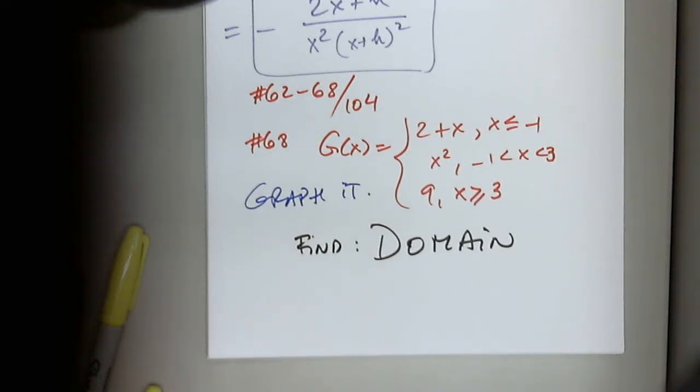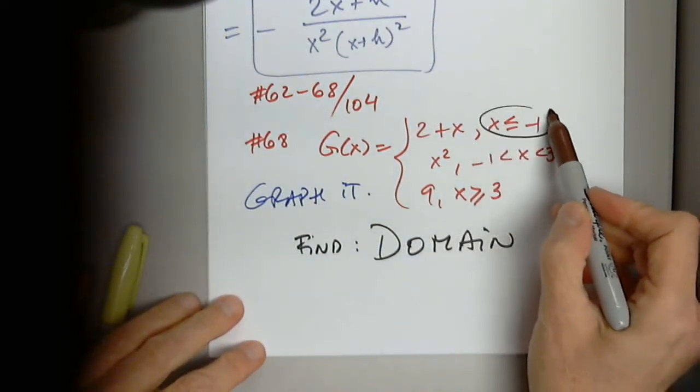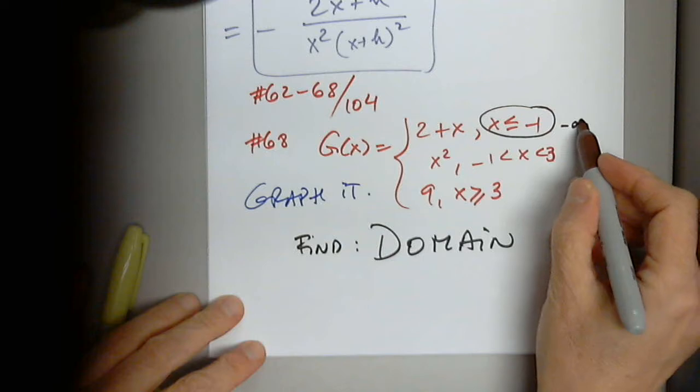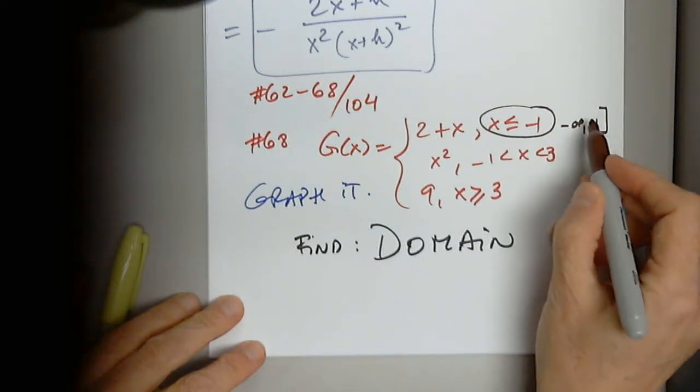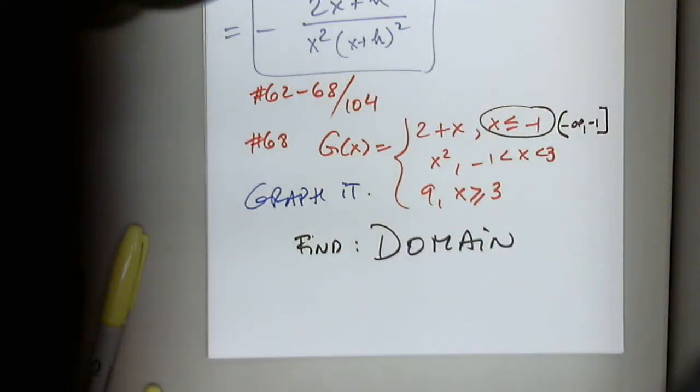Okay. With your permission, I'm going to change this into -∞, -1 with a bracket and a parenthesis. If you don't remember this concept of the interval notation, please tell me and I will explain it. Is this okay? Do we understand this? Yeah.